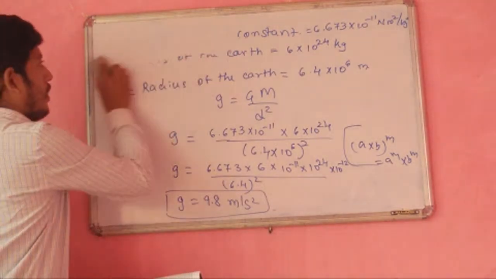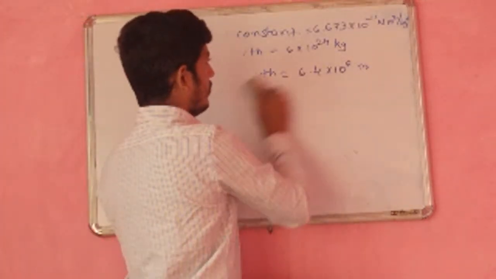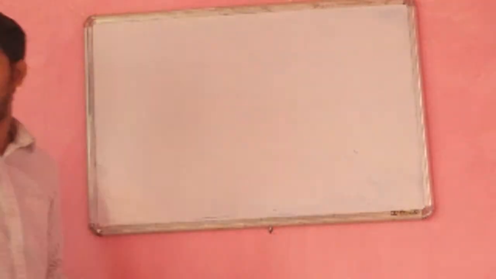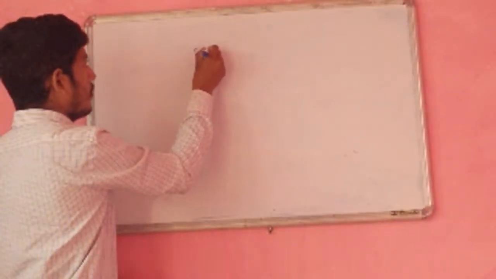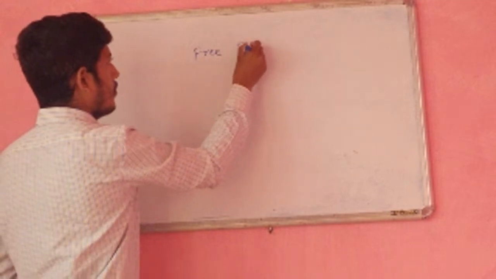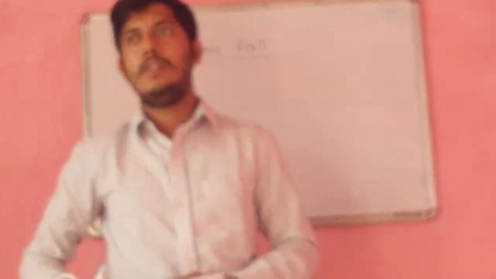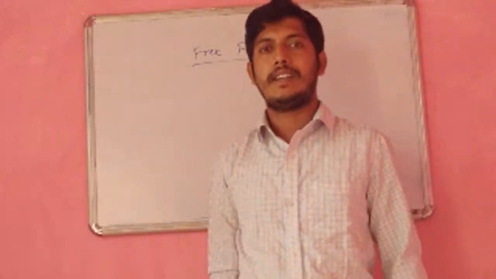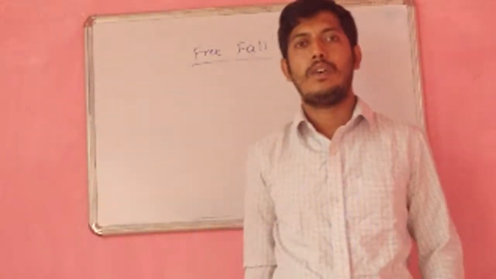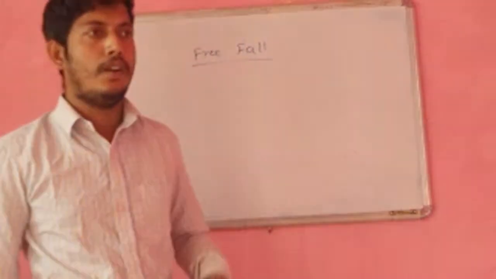Then another word comes, that is free fall. What is meant by free fall? If an object is present, then plenty of forces are acting on it: gravitational force, one of them, and apart from that, frictional force and applied force.